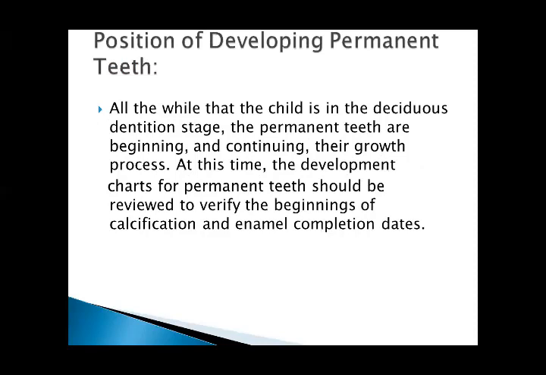All the while that the child is in the deciduous dentition stage, the permanent teeth are beginning or continuing their growth process. At this time, the development charts for permanent teeth should be reviewed to verify the beginnings of calcification and enamel completion dates.